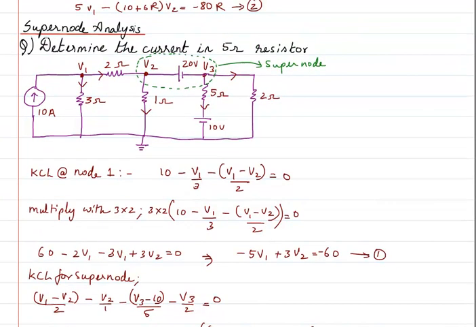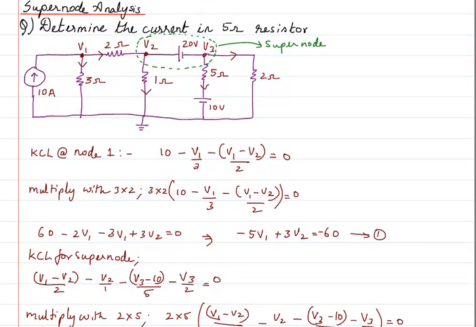So here the supernode is, so here we are having V2 minus V3 is equal to 20. Now why did I take V2 higher and V3 lower? Nothing, because the positive side was here and the negative side was here, so I assumed that V2 is going to be higher potential and V3 is going to be lower potential. If I would have written V3 minus V2, then I would have taken it as minus 20.